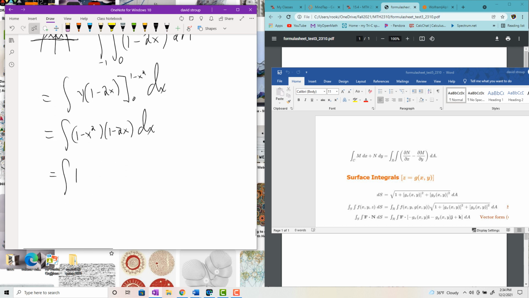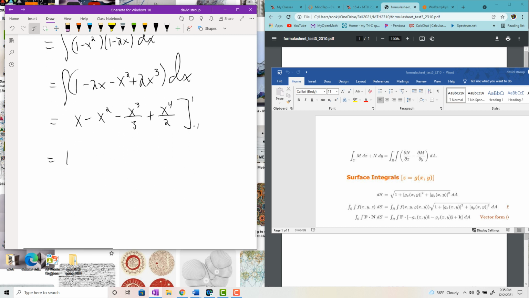So I have 1 first, outer minus 2x, inner minus x squared, last plus 2x cubed dx. And then that will be x minus 2x squared over 2, so x squared, minus x cubed over 3, plus 2x to the 4th over 4, so x to the 4th over 2, evaluated from negative 1 to 1.